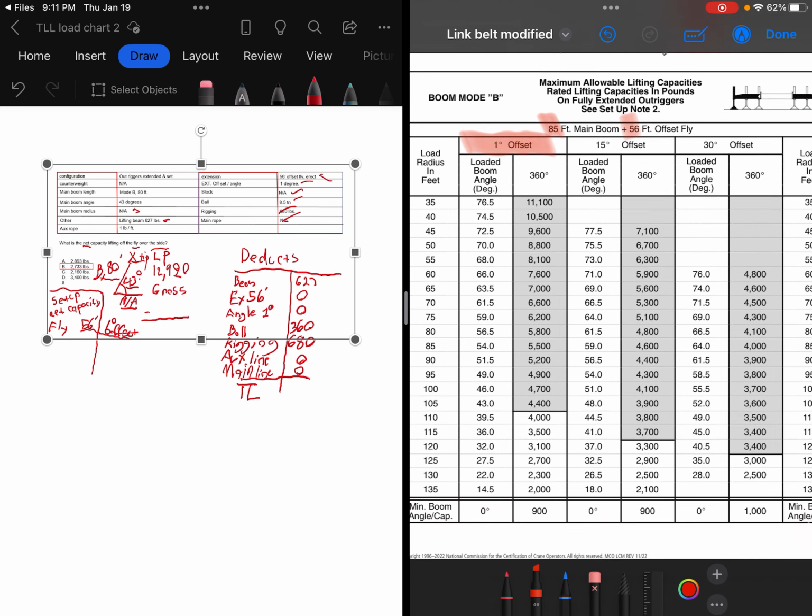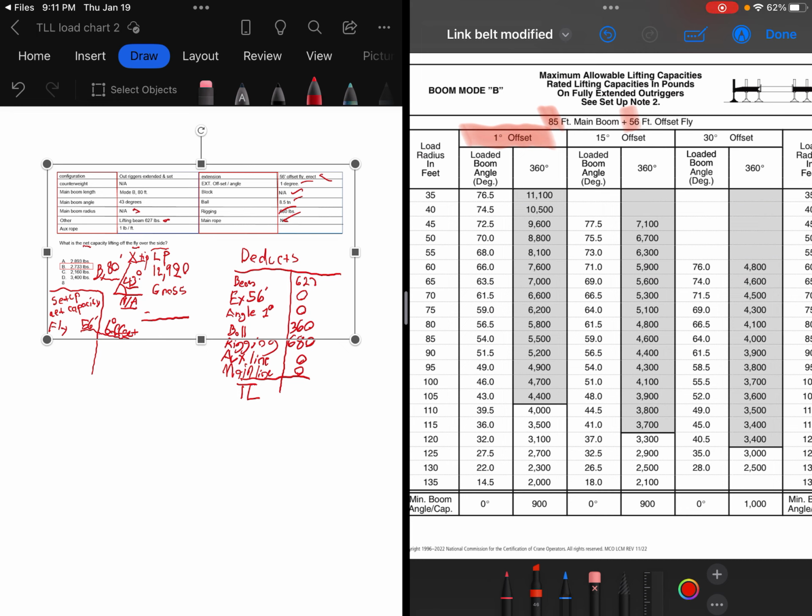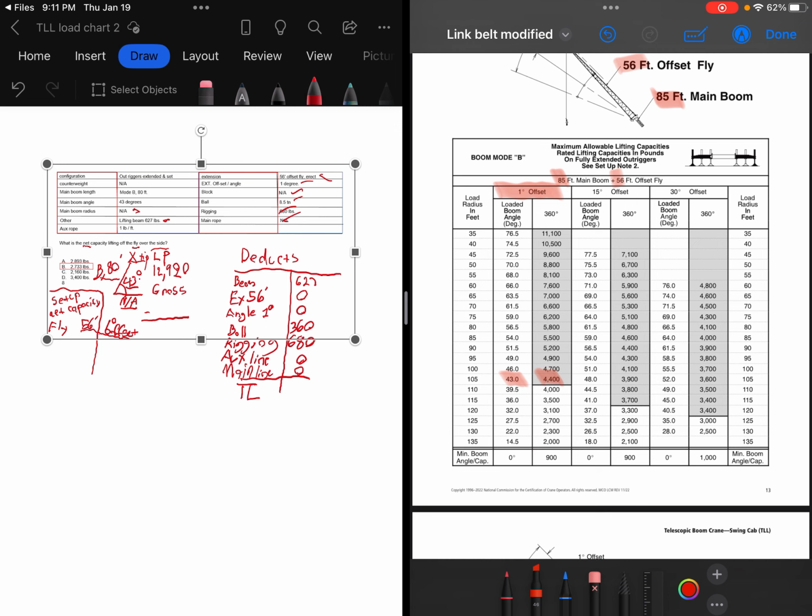So we're going to come down to 43, and we do have an option for 43. That's going to give us 4,400 pounds. So that's going to be our gross capacity. That's the maximum capacity that our crane can lift at any given boom length and angle where the two converge.